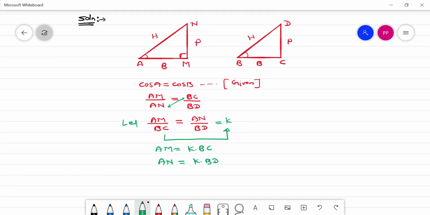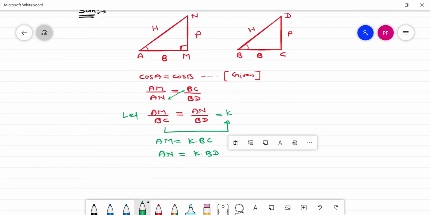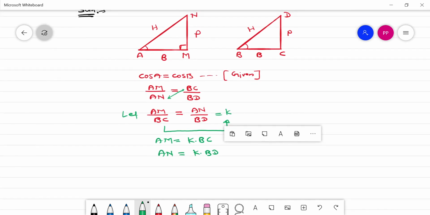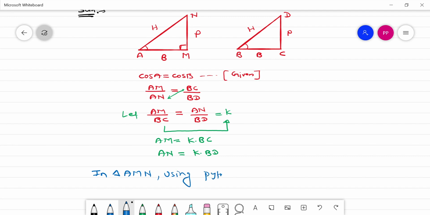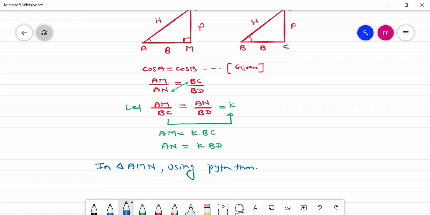Alright. Now in triangle AMN, we'll apply Pythagoras theorem, so we'll find out the third side. Here third side is nothing but MN.